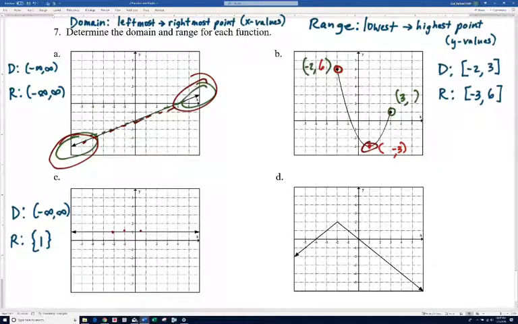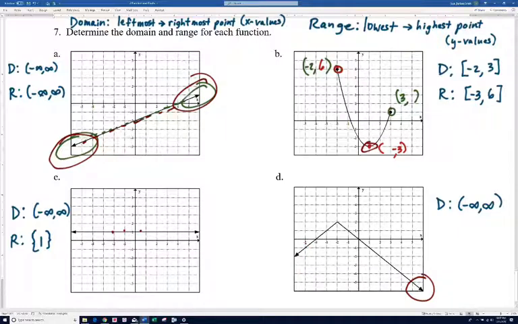So for D, you should see that the domain is all real numbers, because again, you have no leftmost or rightmost point, and you're hitting every point in between. There's no gaps or anything. So what we're saying is, if you look at all the points on this graph, x can be any real number. Let's see, hold on a second, I need to erase this one here.